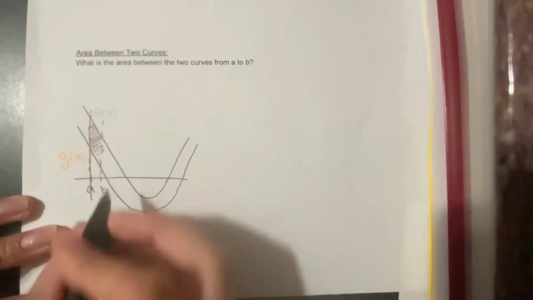Now, before we get into solving the problem, let's understand what the question is asking us. If we want the area between two curves, that means that we want this shaded region right here. And the area we don't want is the area from g of x to the x-axis. So first, let's think about the area of each line.